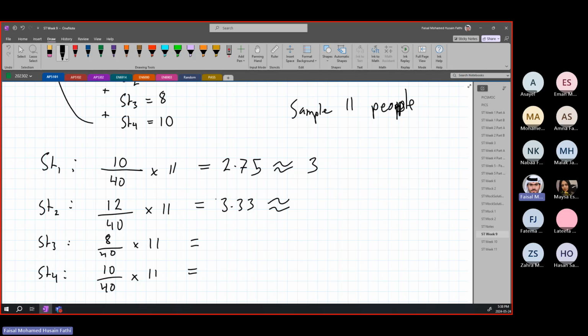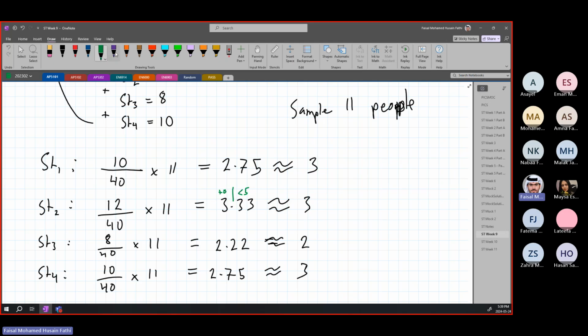Because this is less than 5, we do nothing here and have 3 again. Same thing here, we get 2.22, which rounded down is 2. And here we get 2.75 again, which rounds to 3.